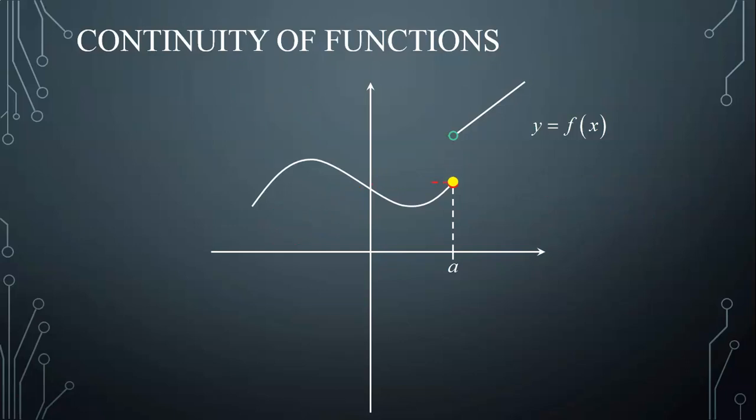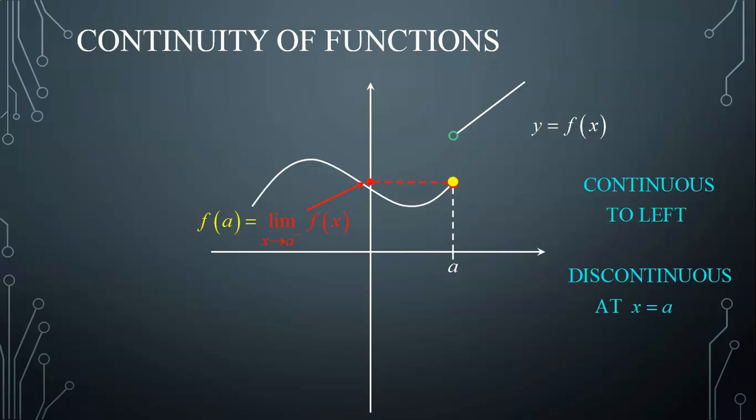However, when f of a is equal to the limit when x is approaching a from the left, so when these two points coincide on the curve, we would in fact have a function that is still discontinuous at x equals a, but would be considered continuous to the left of a.